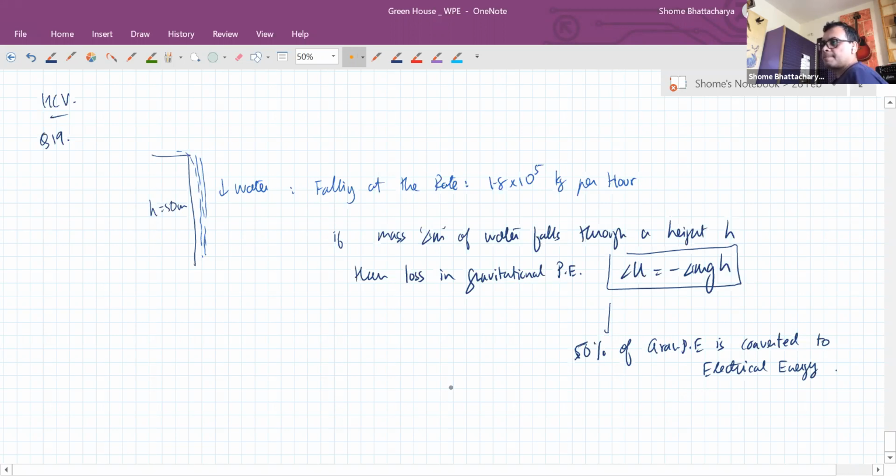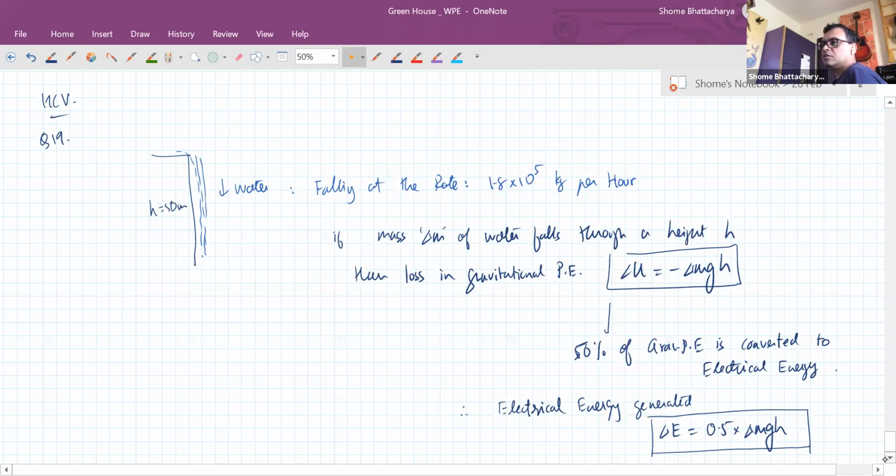This point is clear, Diti? That when delta m mass is falling through a height h, the electrical energy that we will get is 50% or 0.5 times delta mgh. Hope this point is clear.